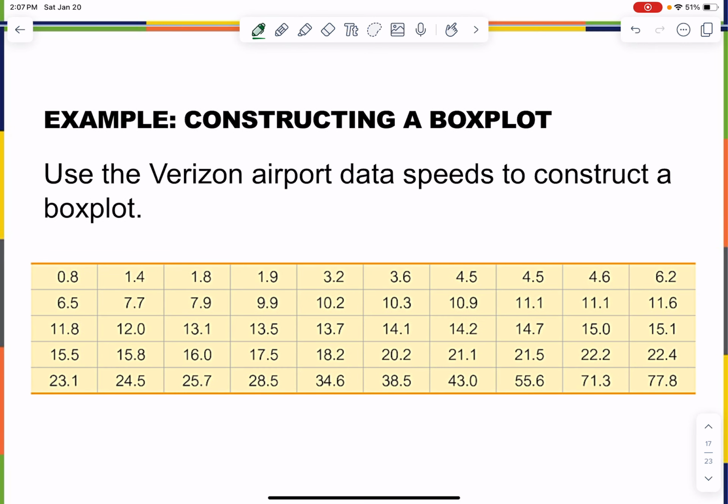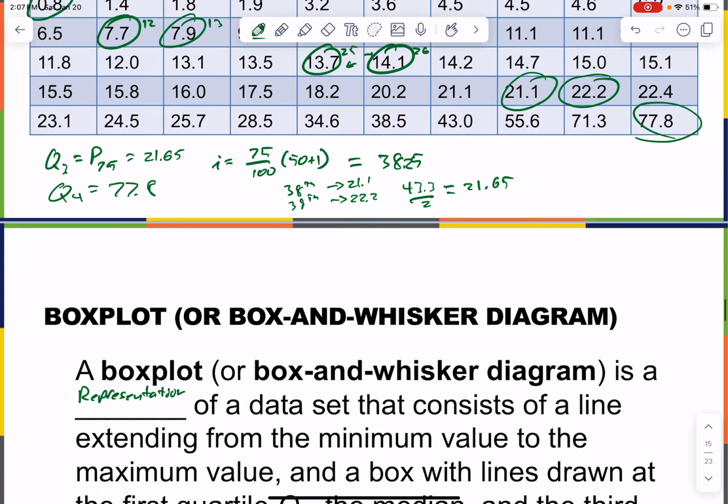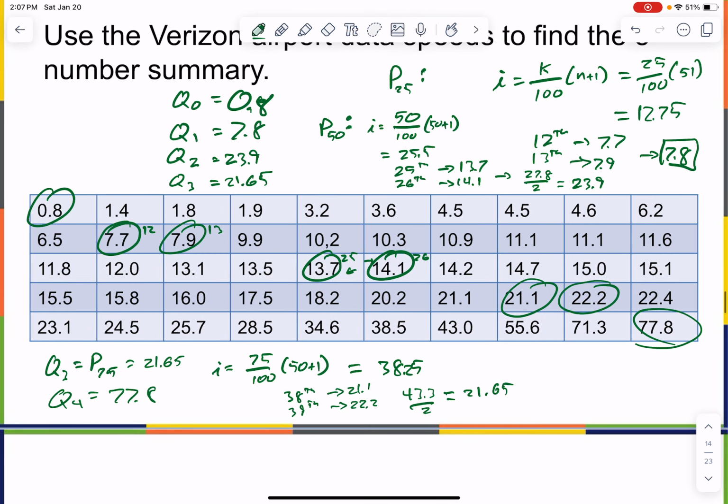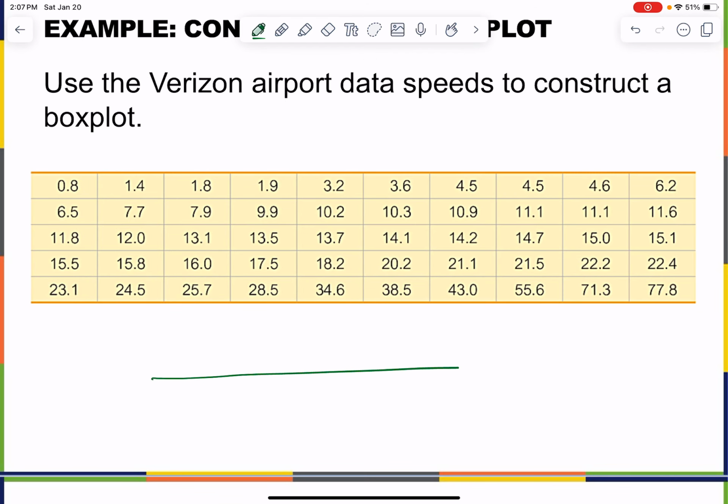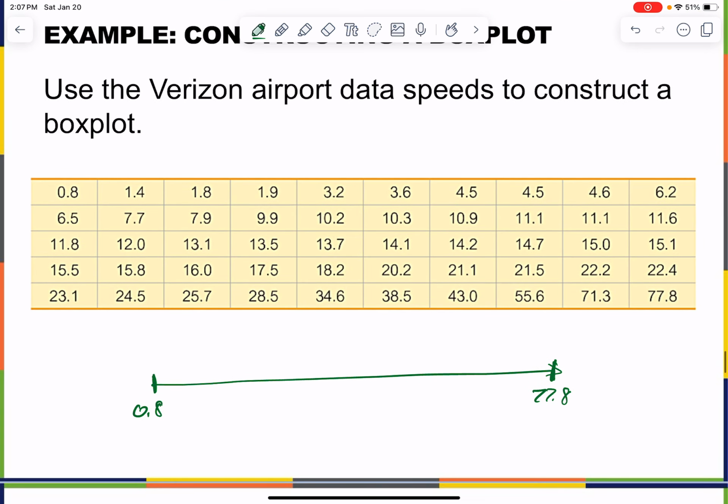So here's all the data from before. I'm just going to use the 5-number summary from before. I'm going to draw my line. This is going to be 0.8. This is going to be 77.8.